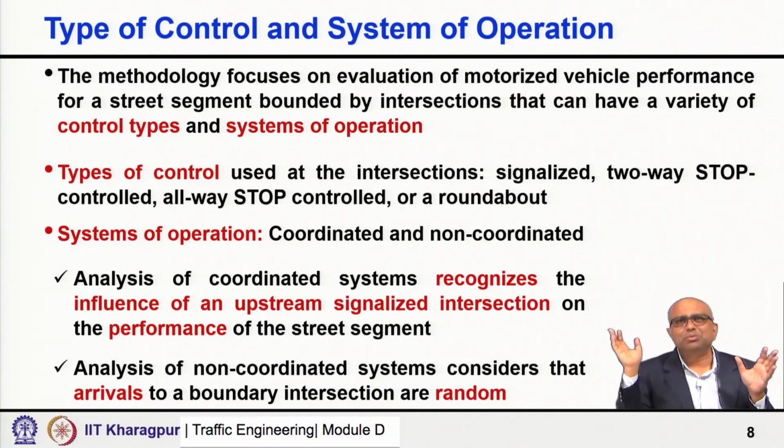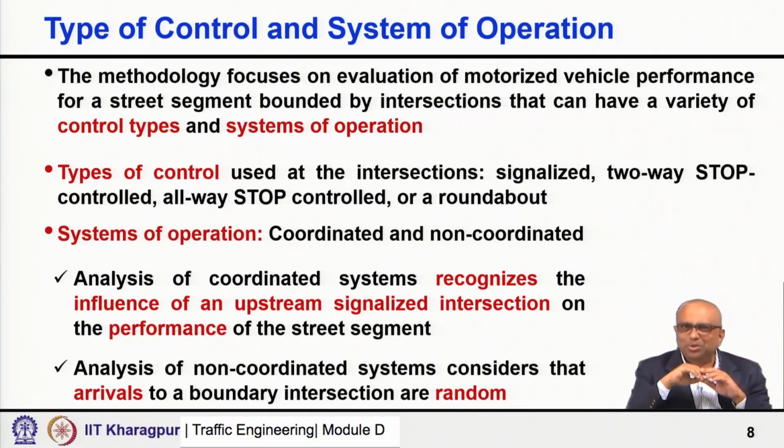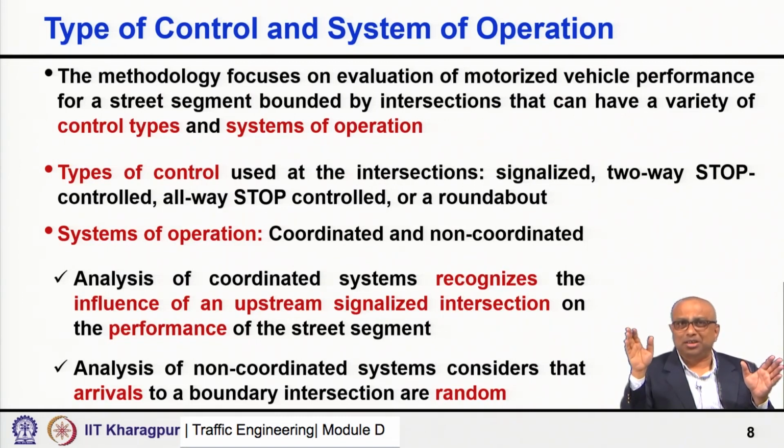The methodology may vary a little depending on the type of control and other factors, but the types of control in use for such segments and intersections could be different, such as I mentioned, signalized, two-way stop control, all-way stop control, or even a roundabout.